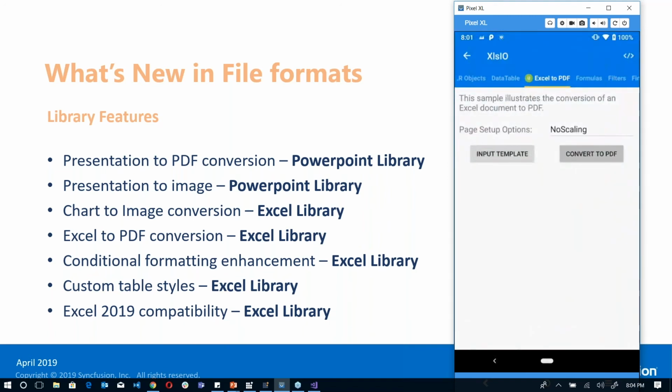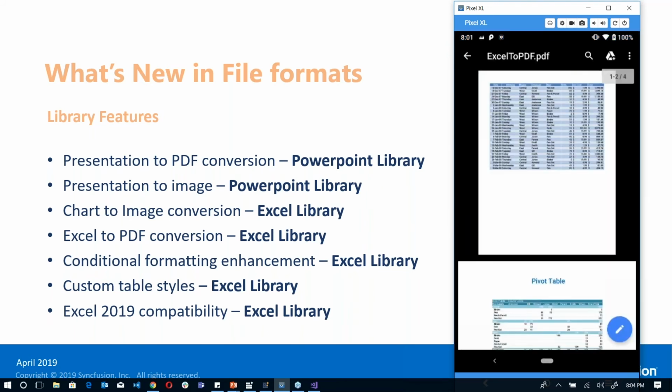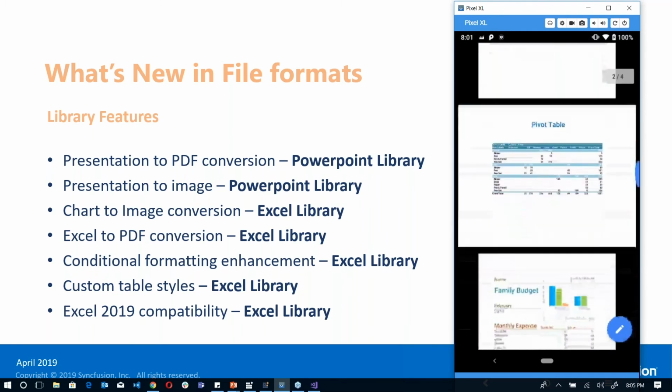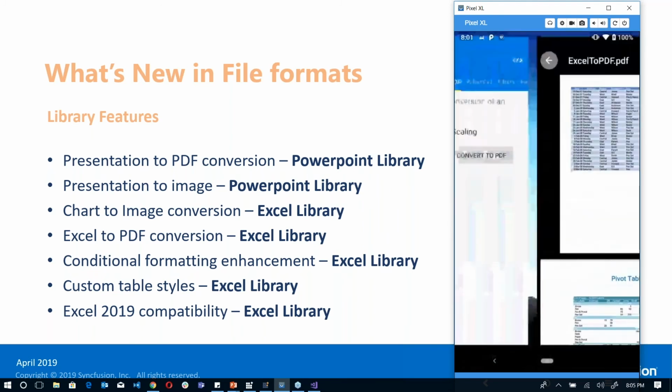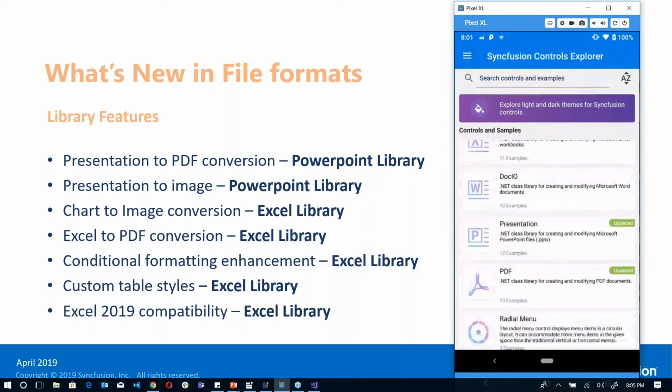So I'm converting that to the PDF. So there you go. It is converted, all these things are converted into PDF. So this is one feature that we have for XlsIO.